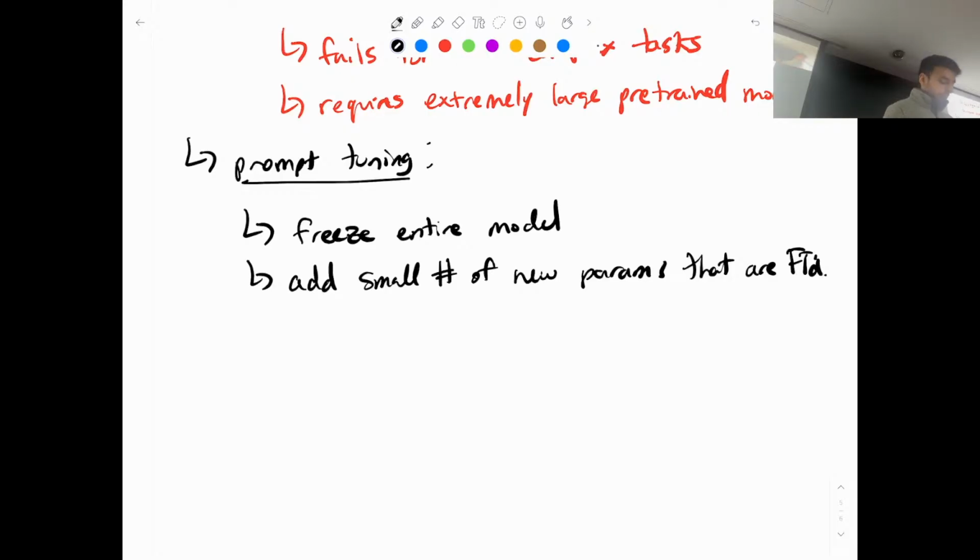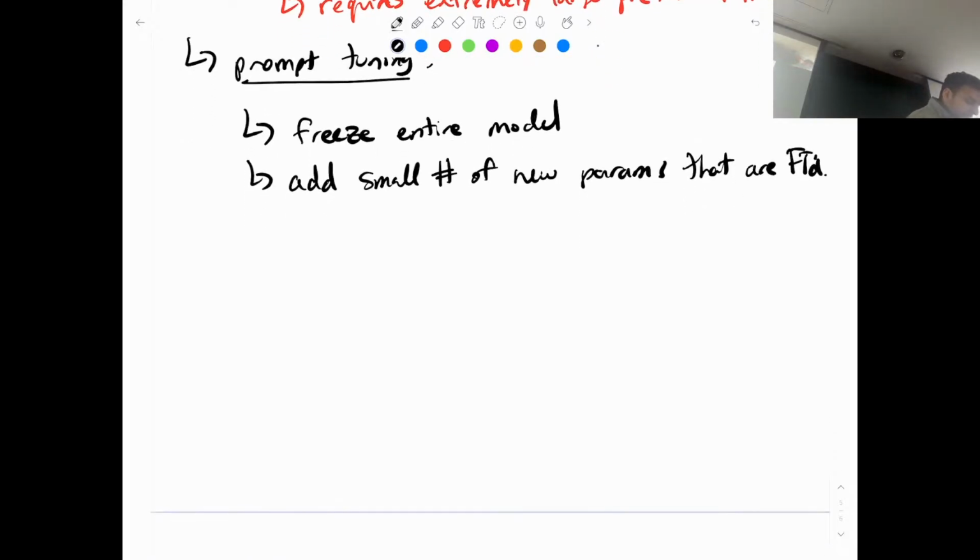So how does this work? Let's say I have this input, say, solve my homework 2, and then my intended output is, I don't know, solve homework or something like that, and it goes on.